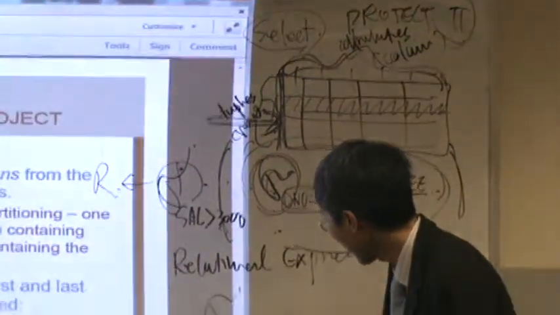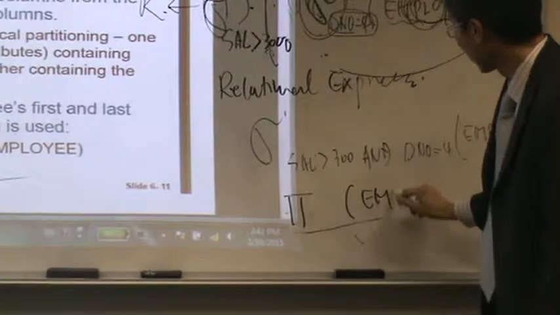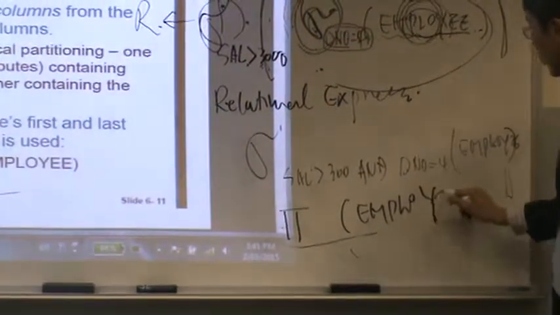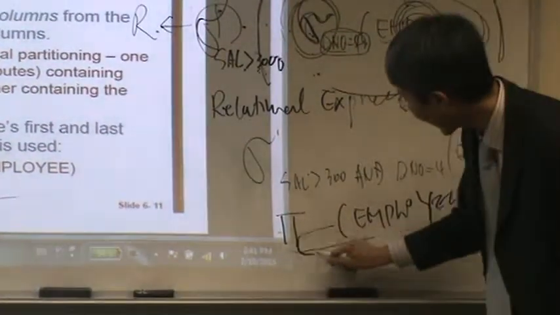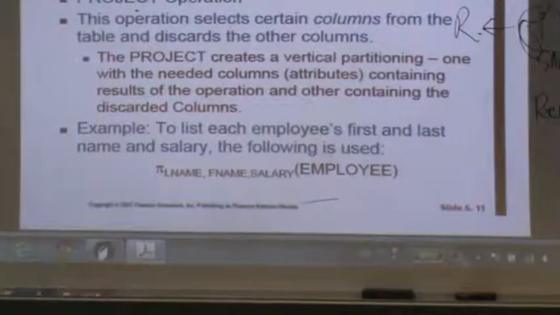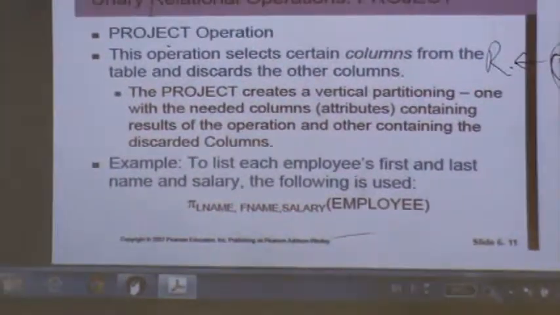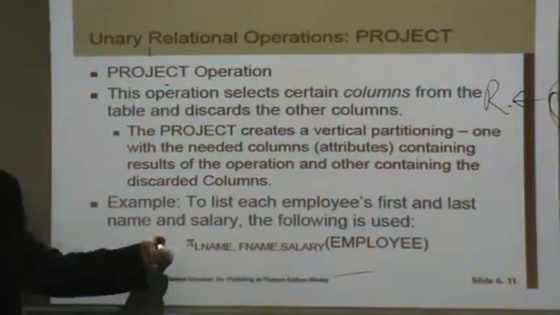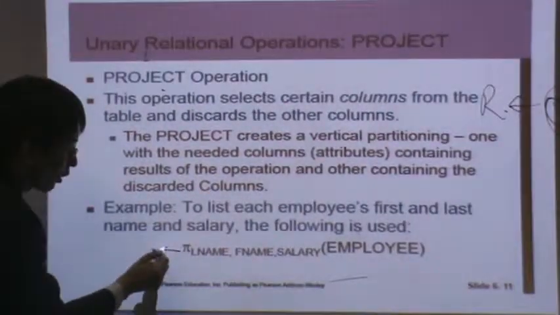It's so simple: pi, then the list of columns that you want to retrieve from the employee. For example, the employee's last name, first name, and salary. It returns the employee. Same thing.